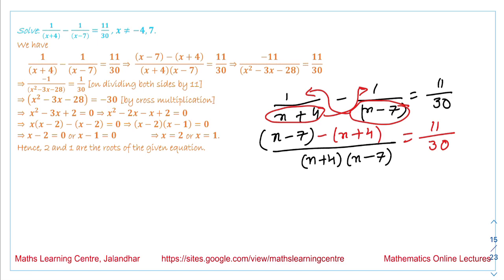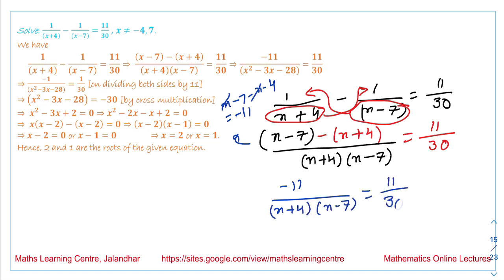When you open this bracket, you get x - 7 - x - 4. These two x's get cancelled and we are left with -11. So we are getting -11/((x + 4)(x - 7)) = 11/30.